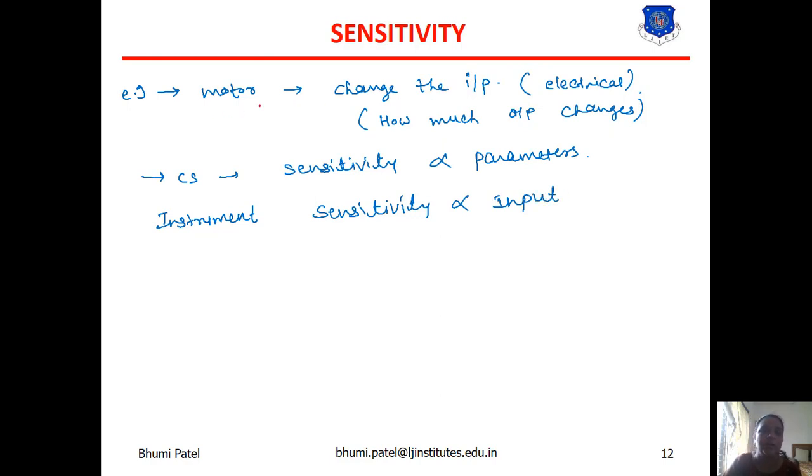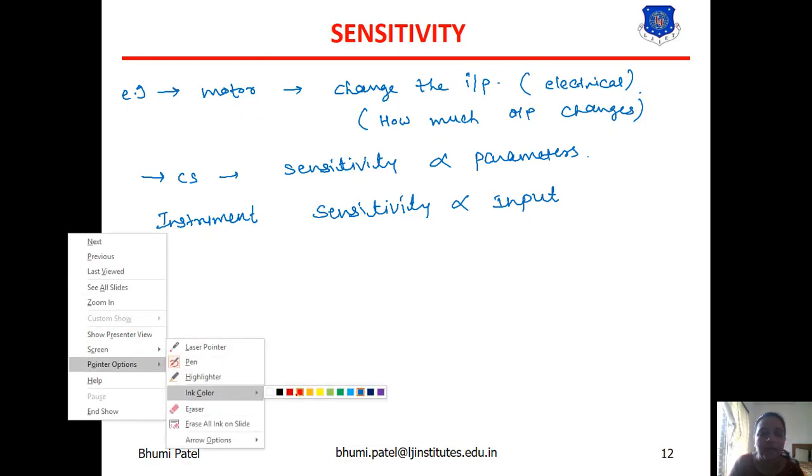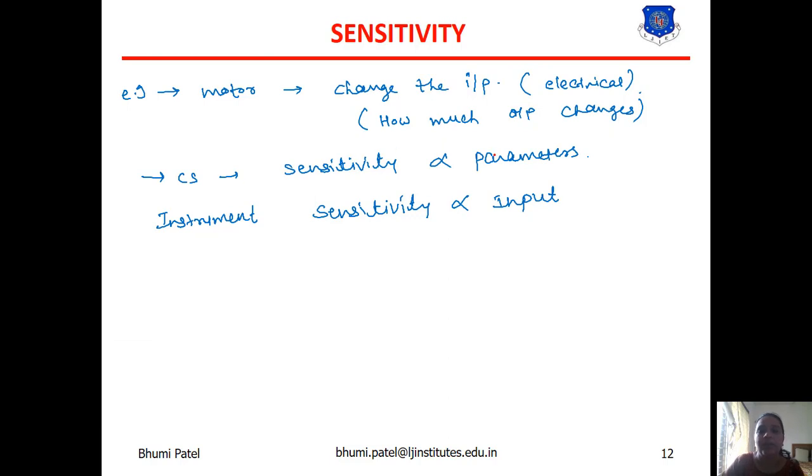Here the motor is our instrument. So for the motor, sensitivity depends on which type of input you give, and accordingly the output will change. But in the control system, that means in the closed loop system, sensitivity depends on the parameter changes.